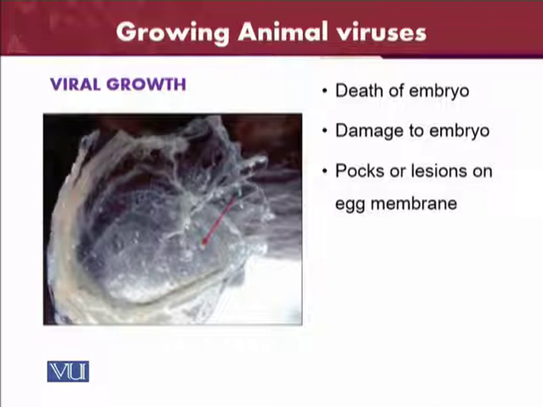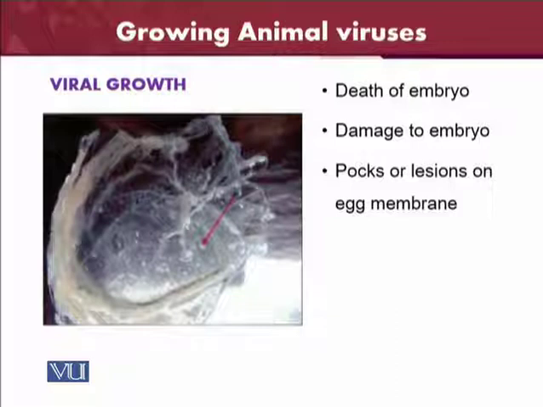Now the viral growth: how will the virus grow inside the embryonated eggs? Of course, after the inoculation, the embryo will die, just like we have already seen with the bacteriophages, that after the infection of the virus, the bacteria will die and only the viruses will be left. Similarly, after the infection of the embryonated eggs, the embryo will die.